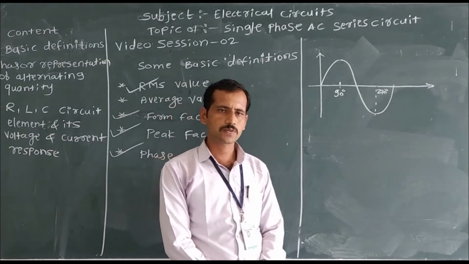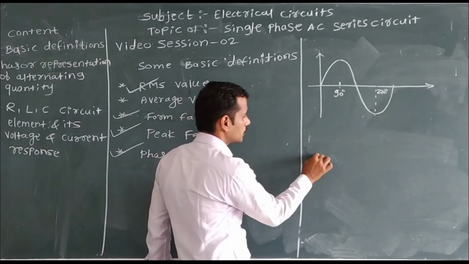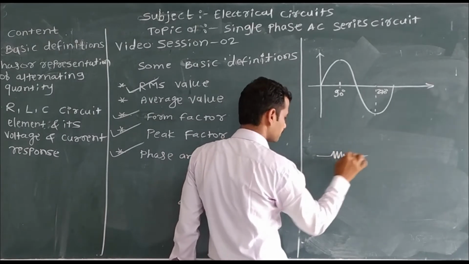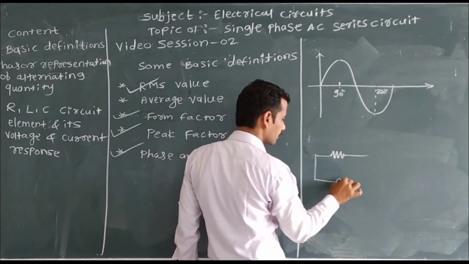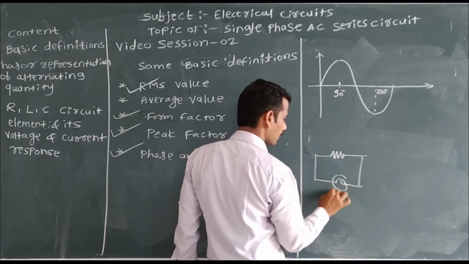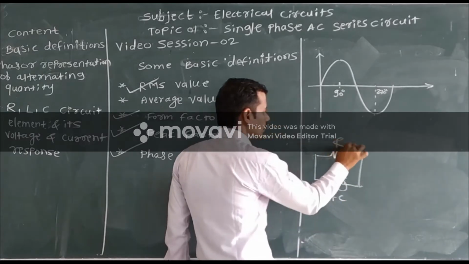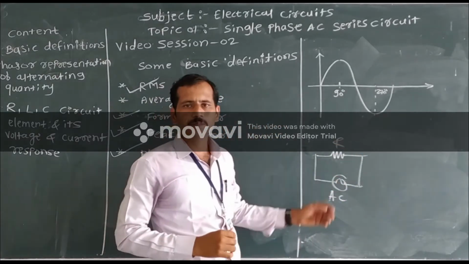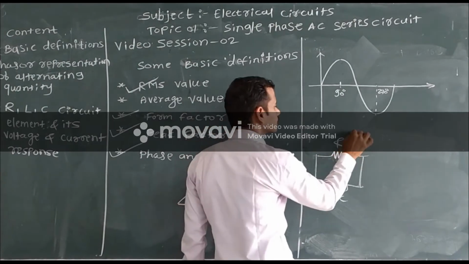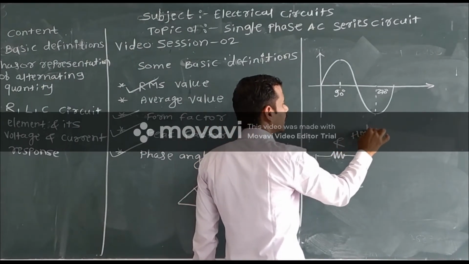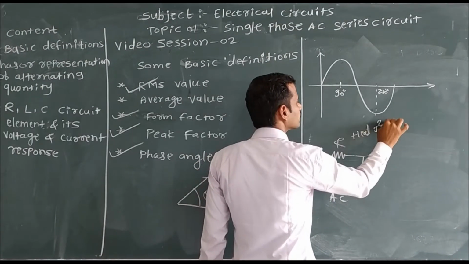Suppose we are taking a resistor and we are giving AC supply. When we give AC supply, heat will be produced, that is I square RT.